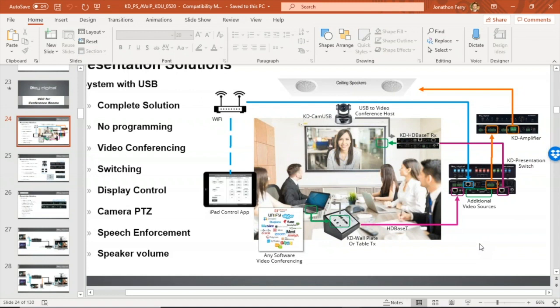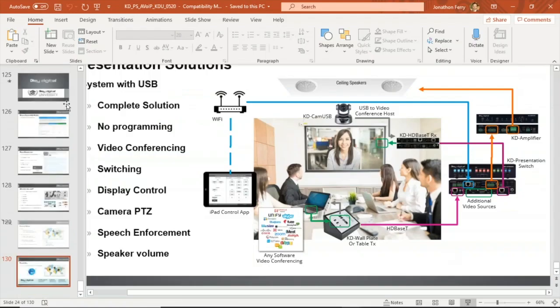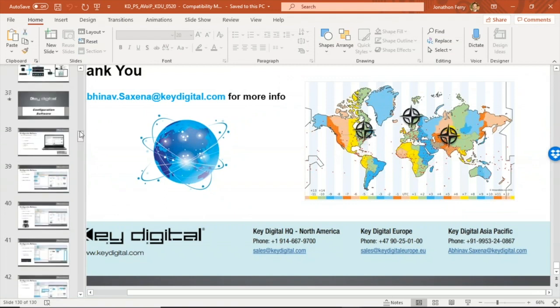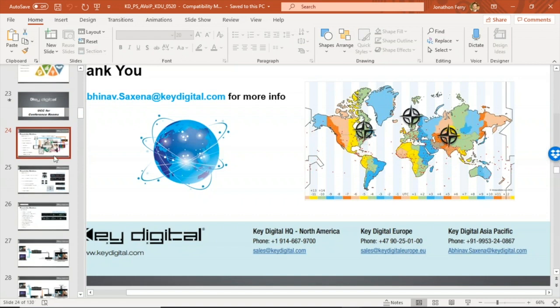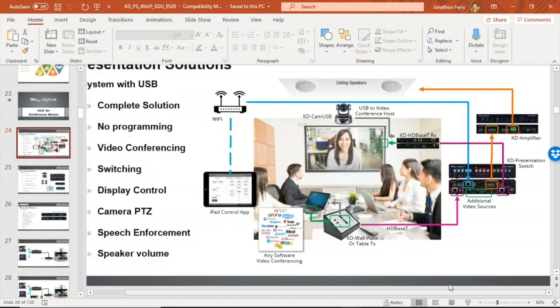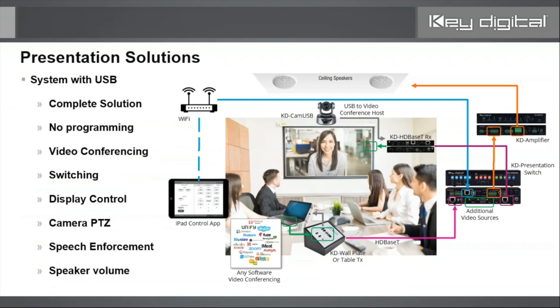If you remember from the beginning of the presentation, we have a conference room system and we have USB. It's very important for this system. I'm trying to show this slide, so just one moment here. Let me make sure I am presenting this slide.